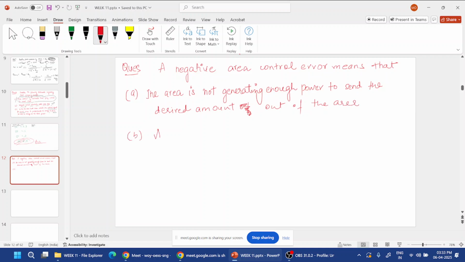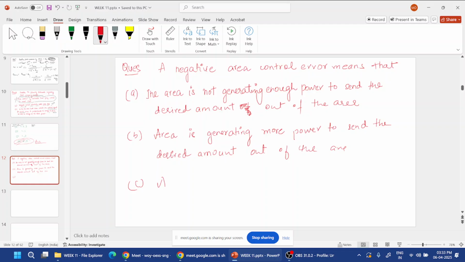B, the area is generating more power than needed to send the desired amount out of the area.